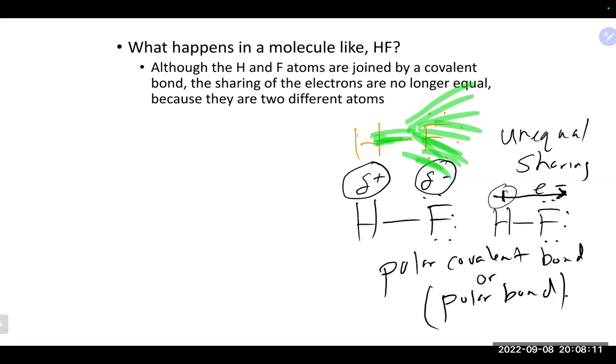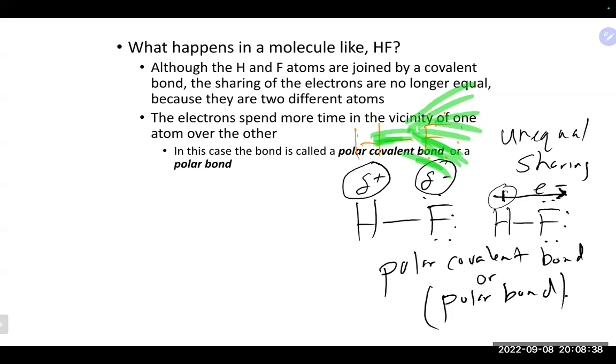In an ionic bond, the electrons completely transfer from one to the other, creating a positive charge and a negative charge, fully charged, because the electrons have fully transferred. Although these are not being shared equally, the key point here is they are still being shared. So they're still hanging on, and we don't get that full transfer of the charge. We create a partially positive charge and a partially negative charge that occurs on the fluorine. Any questions on that there?